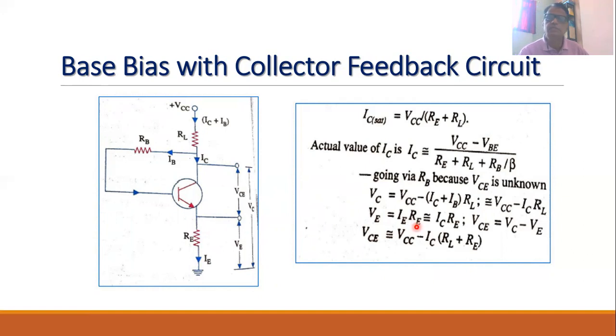But IE and IC are almost the same, and therefore this expression can be written as IC into RE. Collector to emitter voltage VCE is nothing but VC minus VE, and therefore by substituting the values of VC and VE, we get VCE equal to VCC minus IC into RE plus RL.